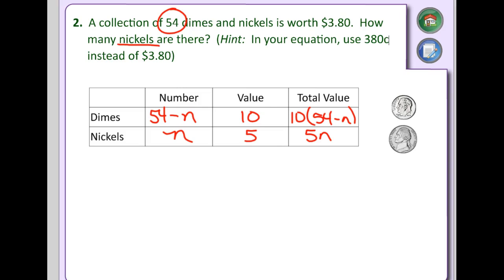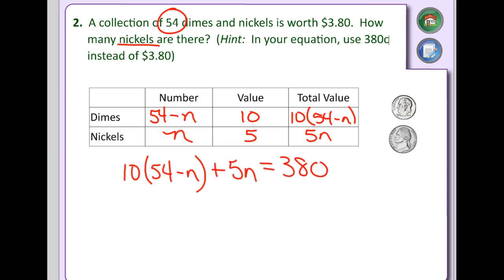And so now, what's our equation look like? Well, it says all our nickels and dimes is worth $3.80. So we need to put our dimes, and again, we're using the total values from our chart, plus the nickels equals 380. Now, just like yesterday, instead of doing dollars and cents, we're going to keep everything in cents. So we're going to make it 380.